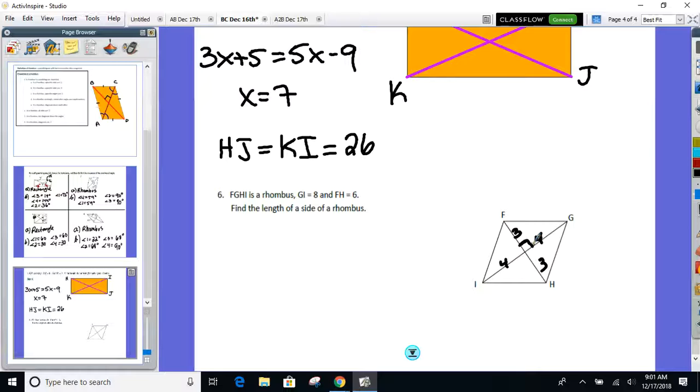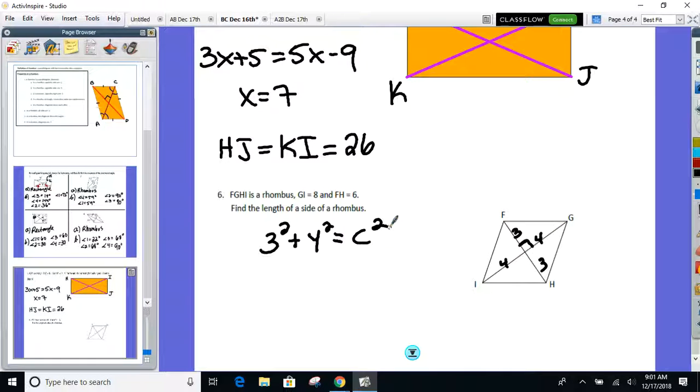Rhombus, I can use Pythagorean theorem a lot. So 3 squared plus, is this 4 a leg or a hypotenuse? That's a leg plus 4 squared. And what's the side acting as? A leg or the hypotenuse? That's the hypotenuse equals c squared.